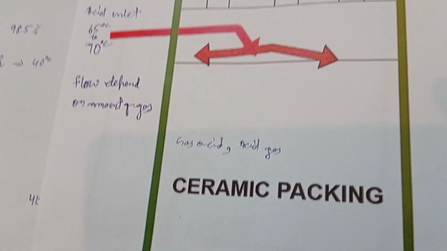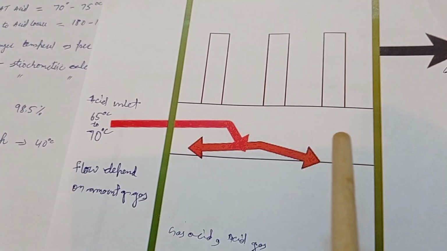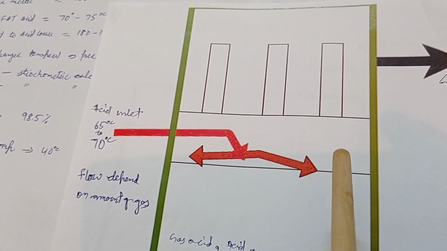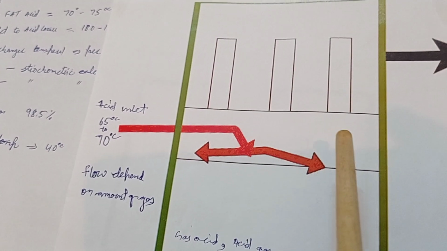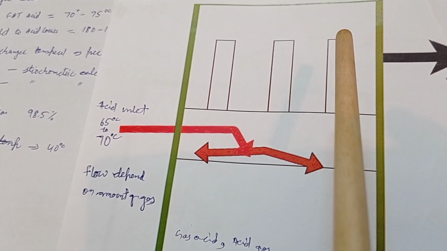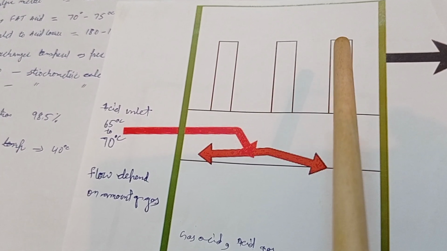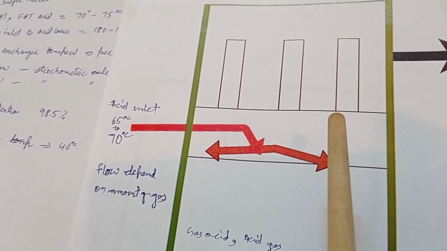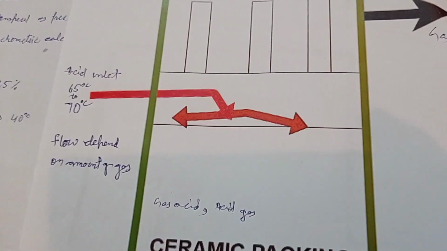After that it goes to the dry gas. The remaining gas will go here, where we have a mist eliminator or filters. When it goes to the filter, whatever acid mist the gas is carrying will get plugged here and fall down continuously, and dry gas will go to the fourth bed.